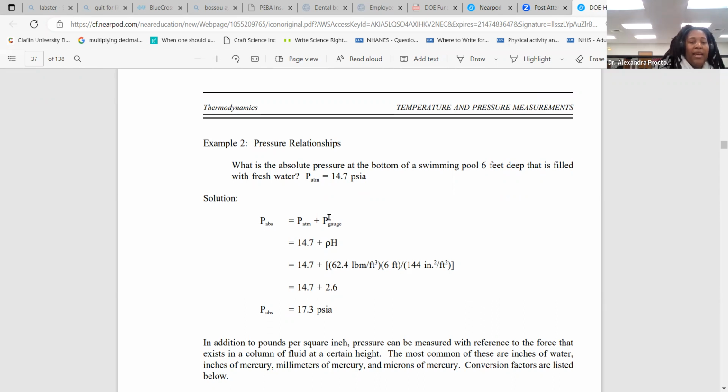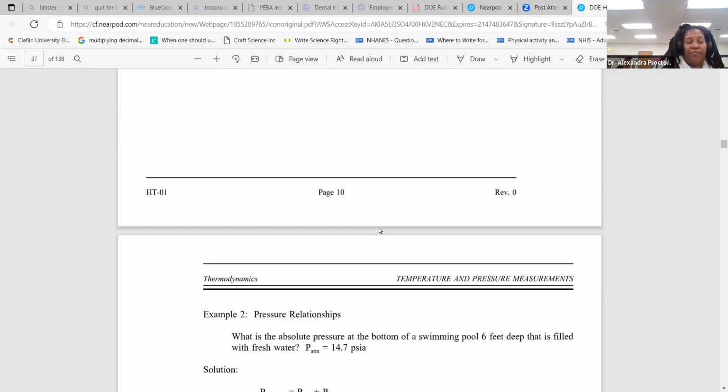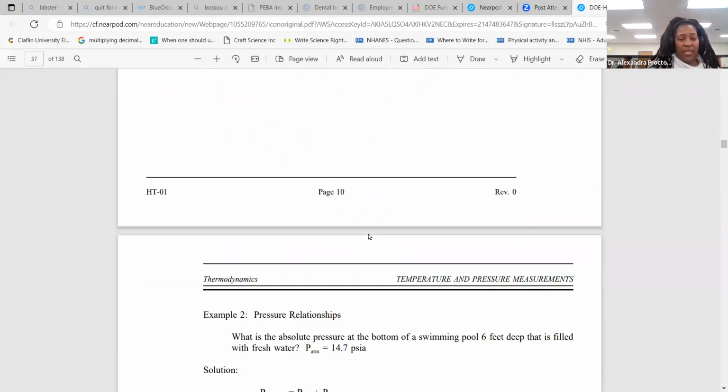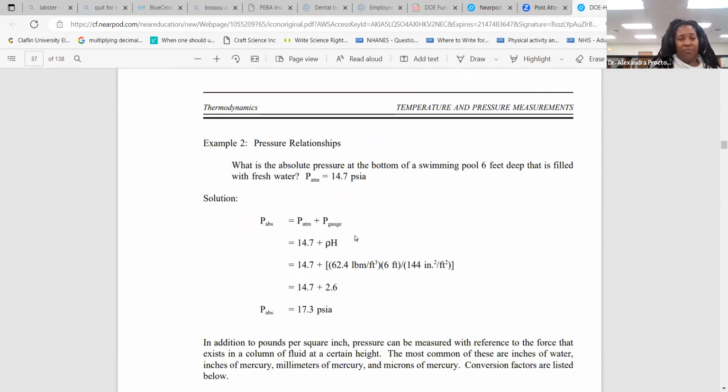And then for gauge pressure, they substitute in the formula that comes from the other problem. The gauge pressure, they said, is equal to density times height. So down here, they just do a substitution: it's the pressure of the atmosphere plus density times height.